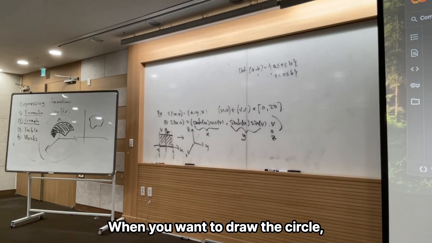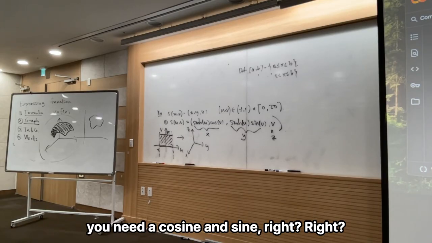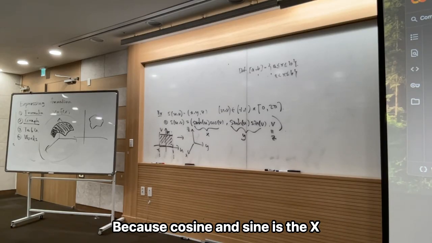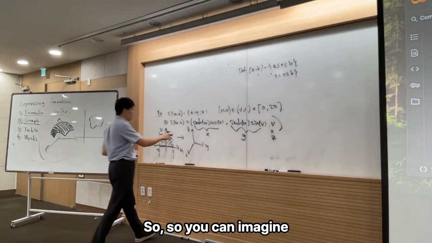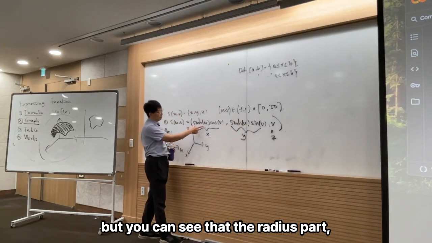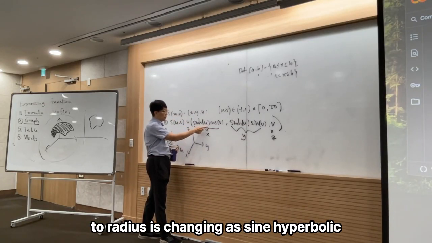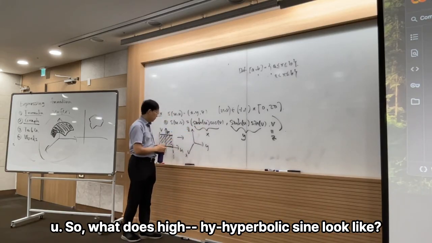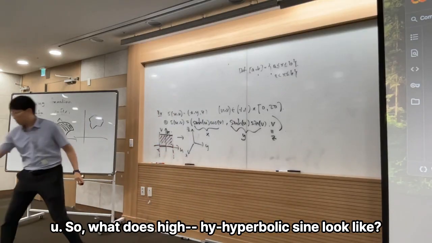If you want to draw a circle, you need cosine and sine, right? Because cosine and sine are the x and y coordinates of the circle. So you can imagine that this is kind of a circle, but you can see that the radius part, something that has to be similar to a radius, is changing as sinh u. So what does hyperbolic sine look like?